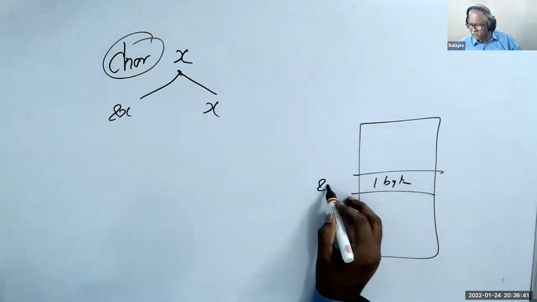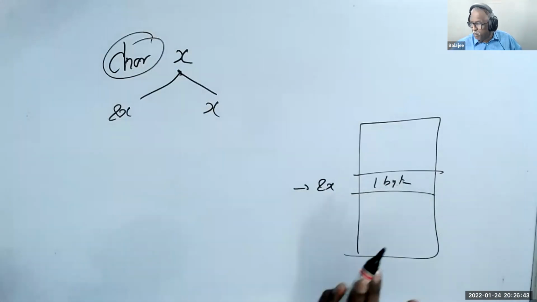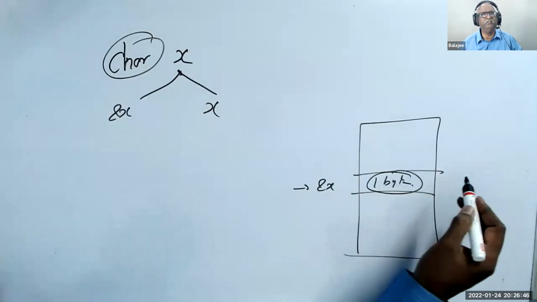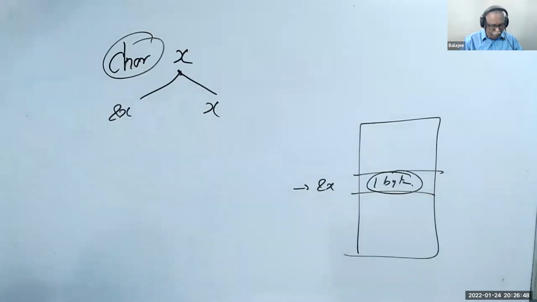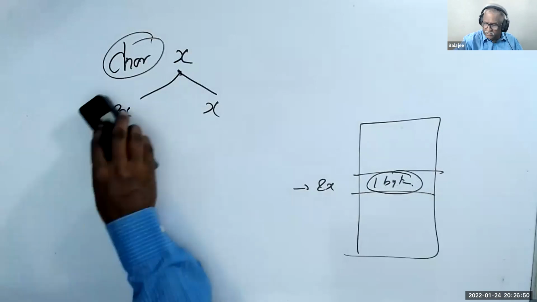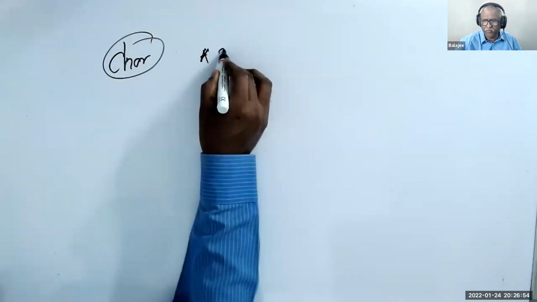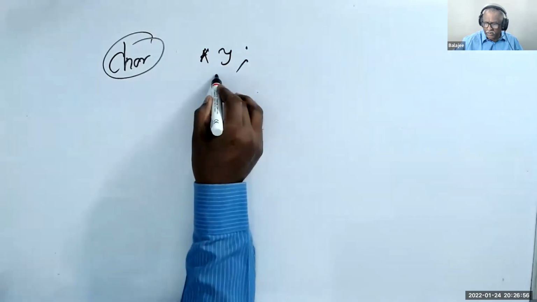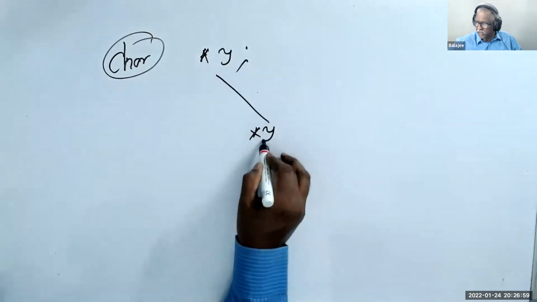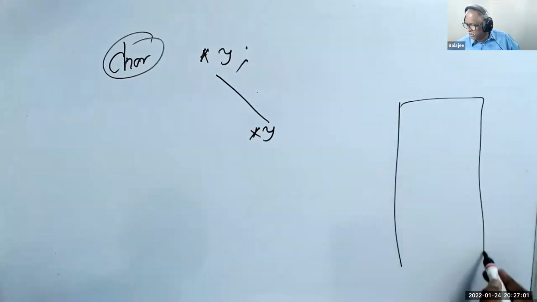So in memory, you have only 1 byte. But when you do char star y, here star y is allocated in the memory as 1 byte.